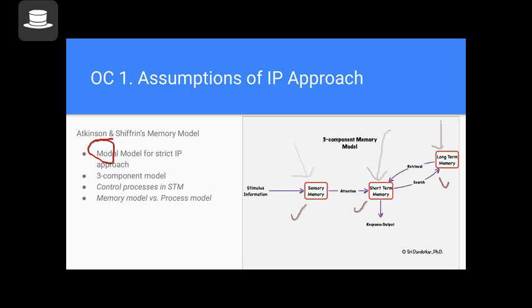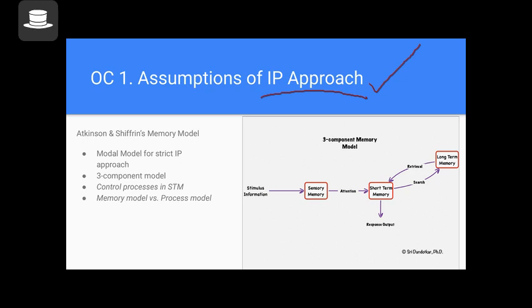A modal model is like an example model. First of all, it was very influential at that point, and also it clearly portrays the assumptions of the then prevalent approach, the information processing approach.